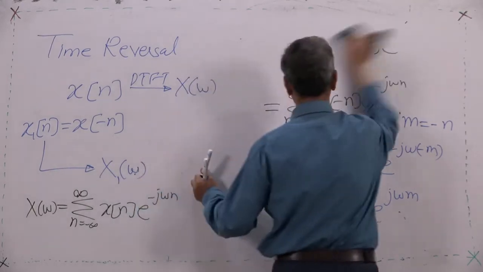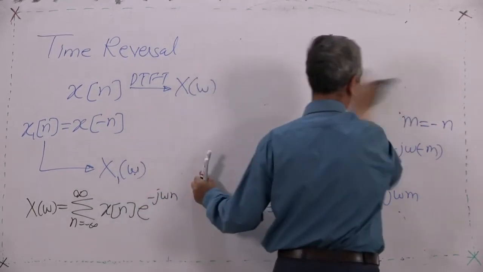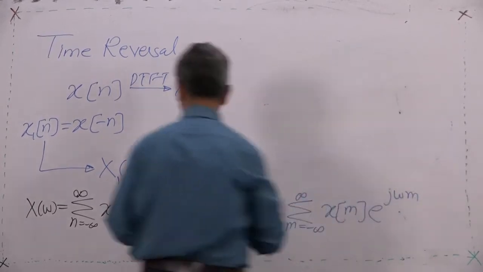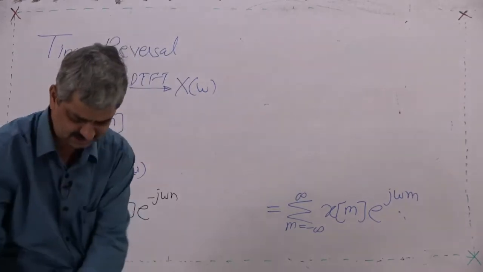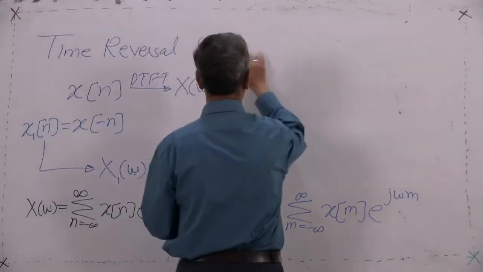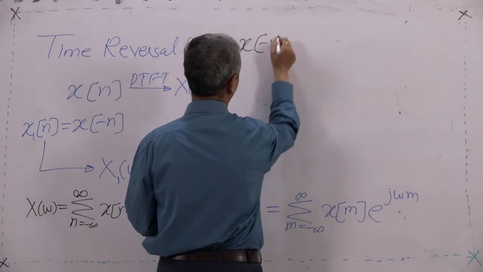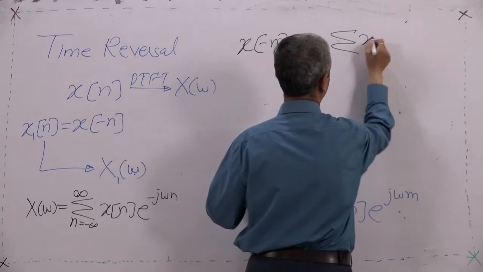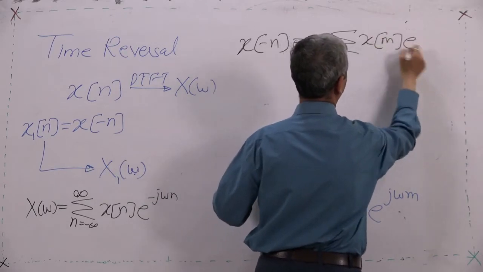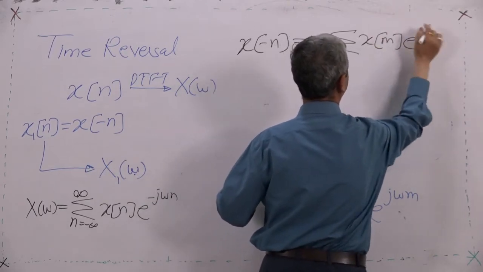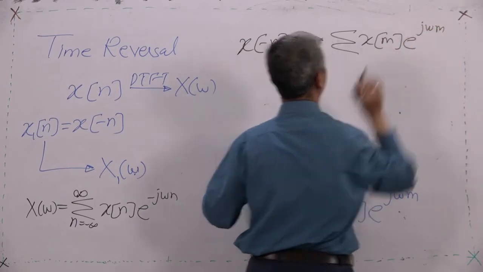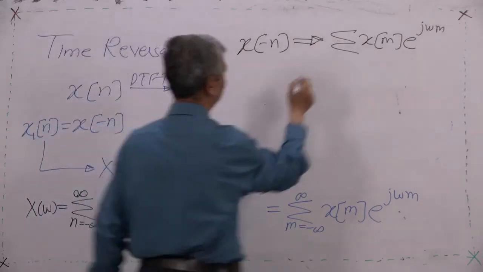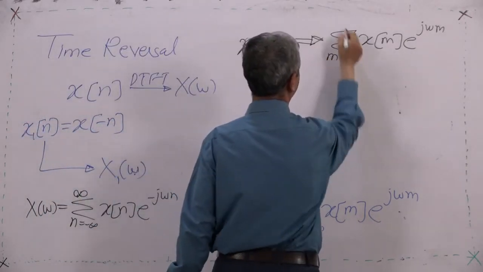What I want is, I have come to know that the discrete time Fourier transform of x[-n] is getting transformed to something like this: x[m] e raised to j omega m, for m equal to minus infinity to infinity. I am just explaining everything so that there is no confusion. So what is this?